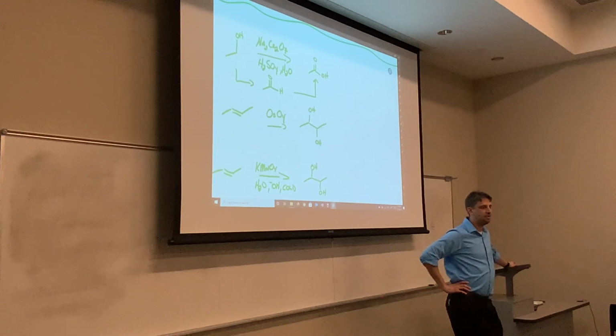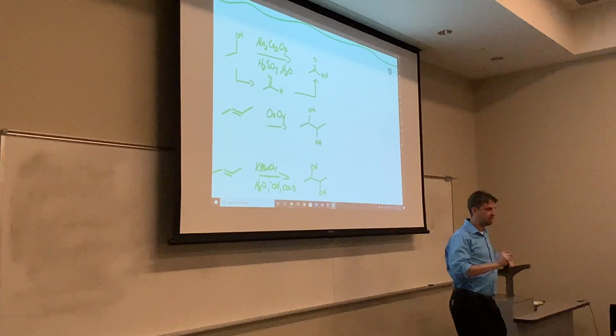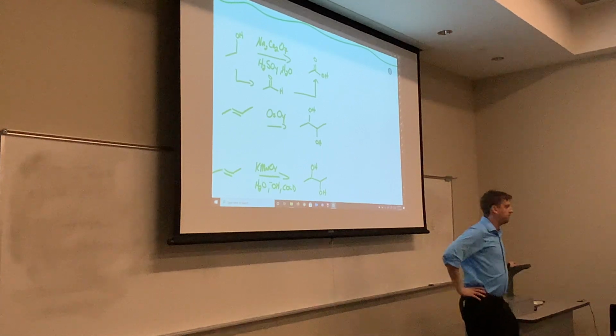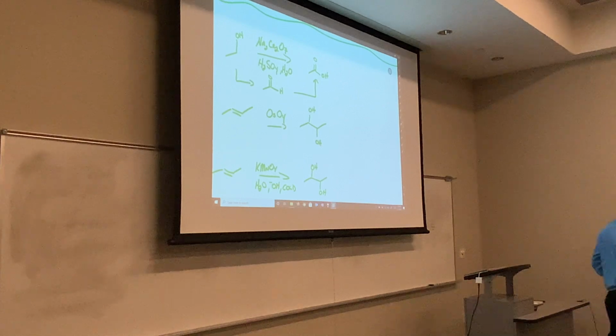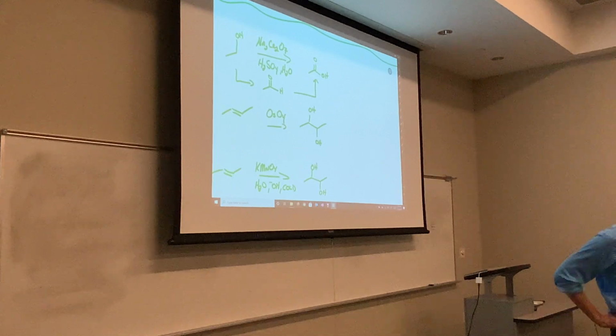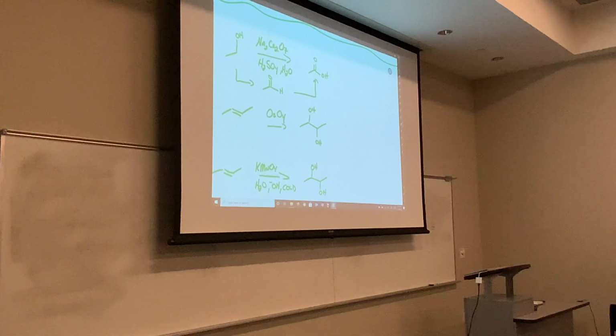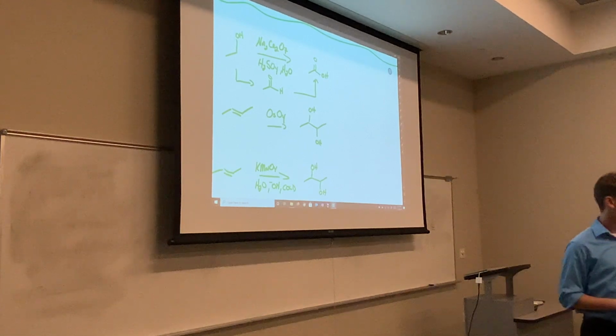It's not selective in the sense that it stops at the aldehyde. This dichromate will react with aldehydes and oxidize them to carboxylic acids also. Do you guys get what I mean by that? So if we have an aldehyde and an alcohol present in our molecule, it's going to oxidize both of those. Got it?